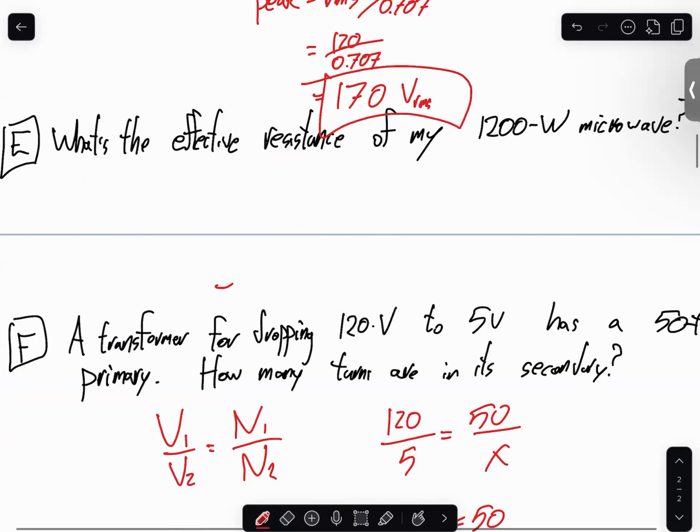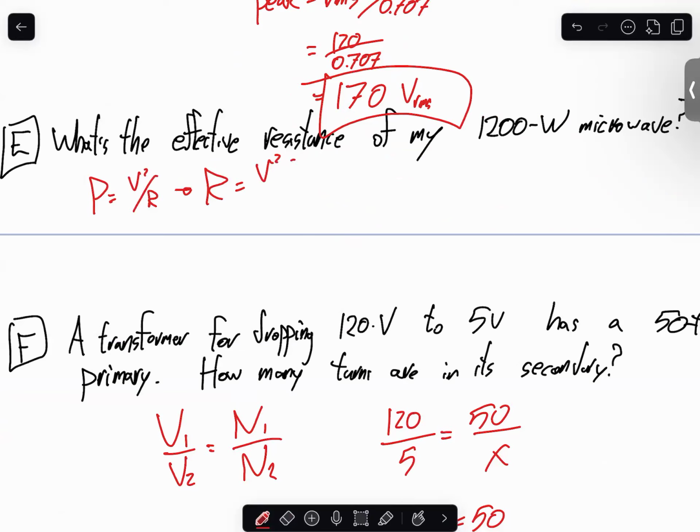Okay, effective resistance of my 1200 watt microwave. You're using power in alternating current, so thou shalt use RMS voltage. I'm using the equation that I did before: power equals V squared on R. So R equals V squared on P, and thou shalt use the RMS. 120 is the RMS.